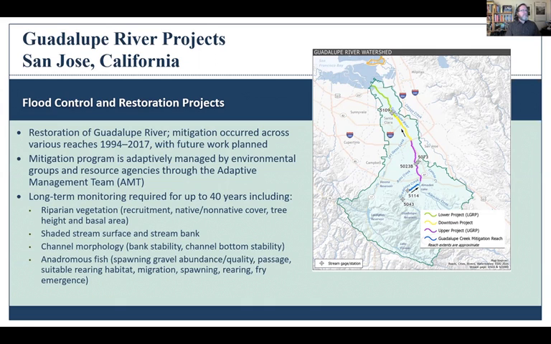As part of the mitigation requirements, there are long-term adaptive management and monitoring requirements that need to be met, with annual monitoring at a variety of these sites to test response in terms of riparian vegetation, recruitment, percent of native versus non-native cover, tree height and basal areas. But there are also a number of other aquatic and fisheries habitat related monitoring components we won't be talking about today. I'll focus just on a subset of the riparian vegetation aspects.